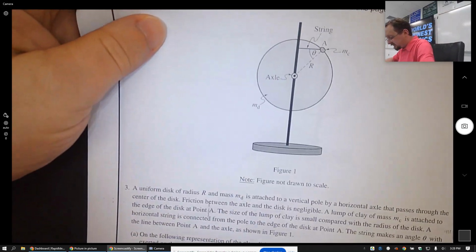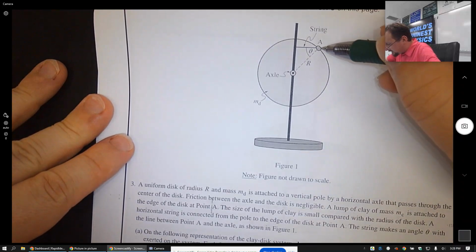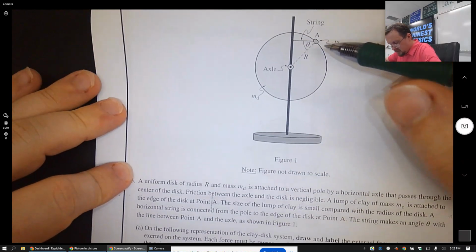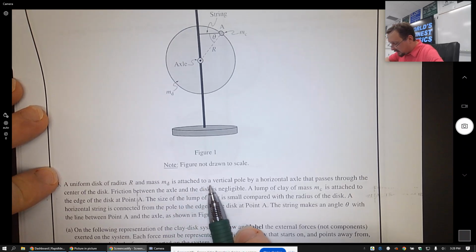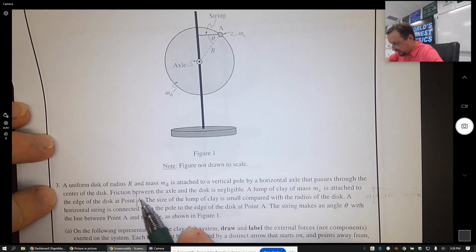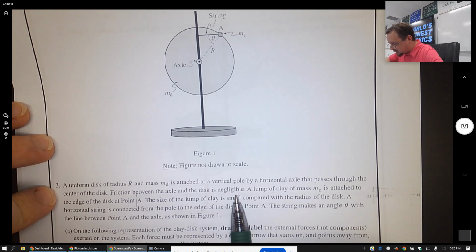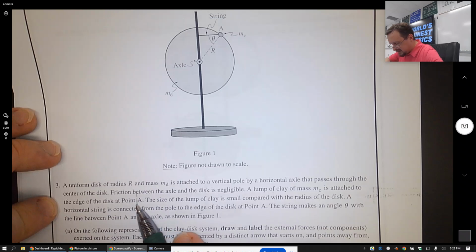Okay, what's with set 2? It looks like something similar. The uniform disc, radius R, mass M_d, is attached to a vertical pole. Friction between the axle and disc is negligible. A lump of clay is attached to the edge of the disc.